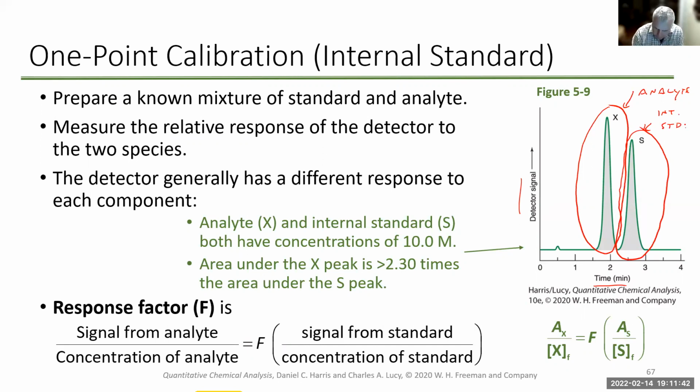If you do 10 or 20 or 30 chromatograms and they all have the same amount of internal standard, then this peak area, A sub S, the internal standard signal, will be the same in everything.